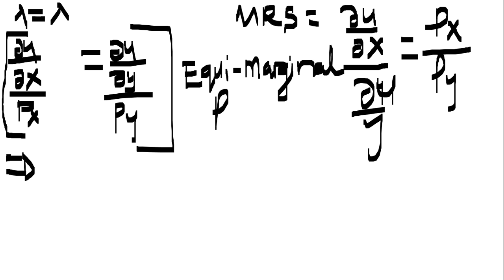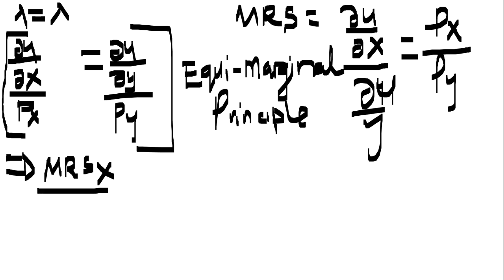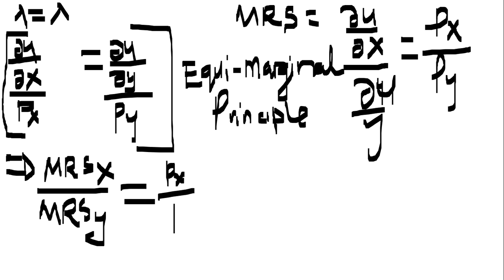This principle states that at equilibrium point, in this case at the utility maximizing point, the marginal rate of substitution of good x divided by the marginal rate of substitution of good y should be equal to the price of good x over the price of good y. Yes. Okay.